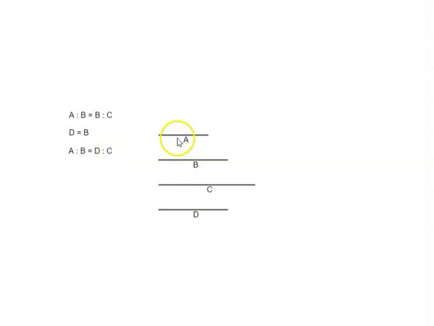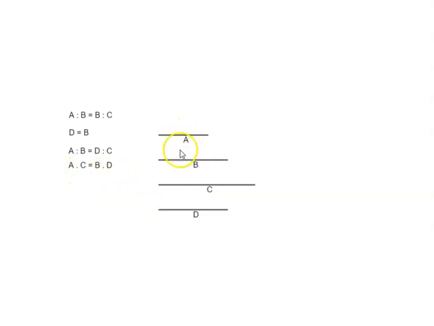That is, if four magnitudes are proportional, then the rectangle contained by the extremes is equal to the rectangle contained by the means. Which means A by C rectangle is equal to B by D rectangle, right?